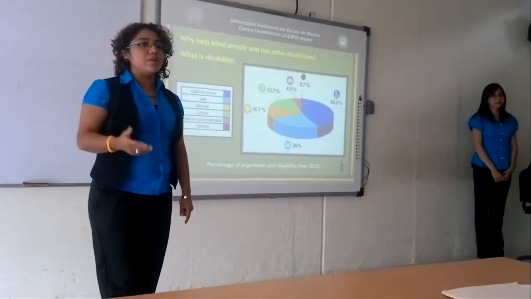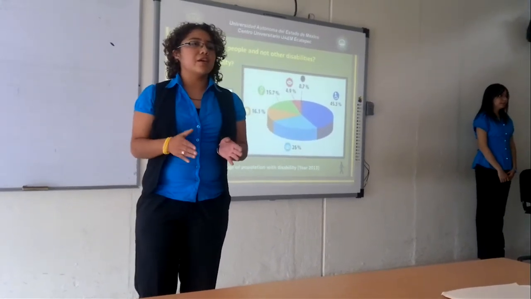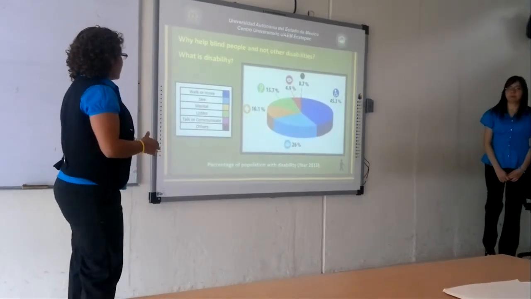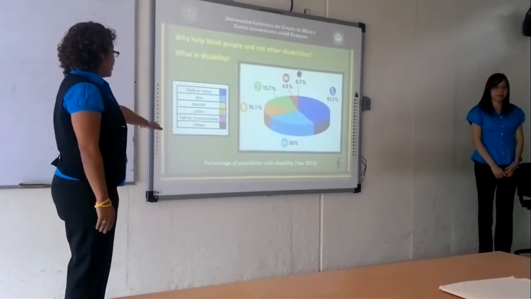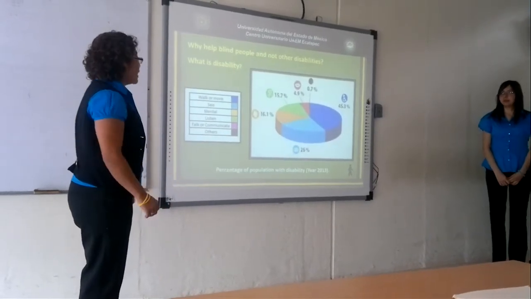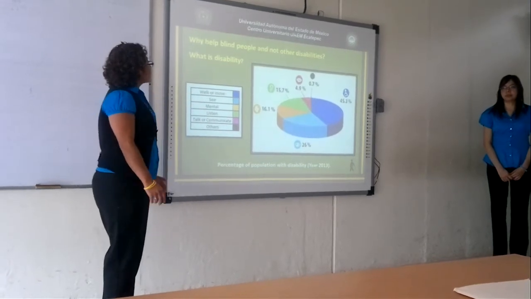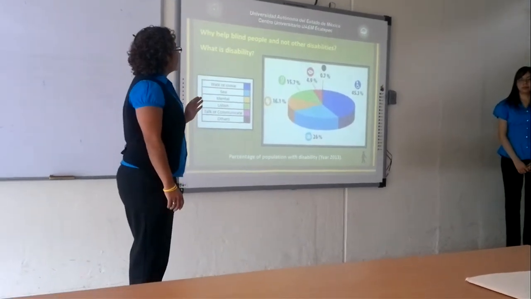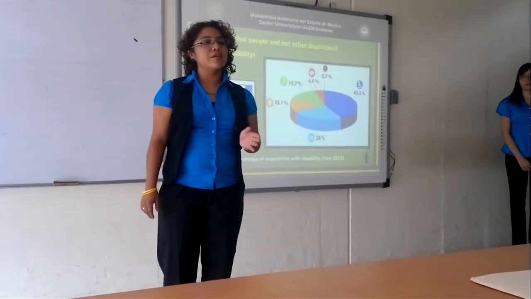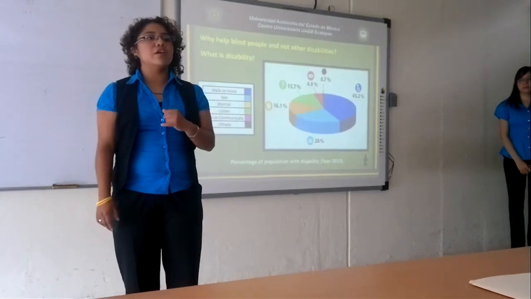Well, sight is very important and essential. It cannot be replaced by another sense. In this slide, you can see a graphic of the percentage of the population with a disability this year. Well, we want them to be incorporated into their environment.